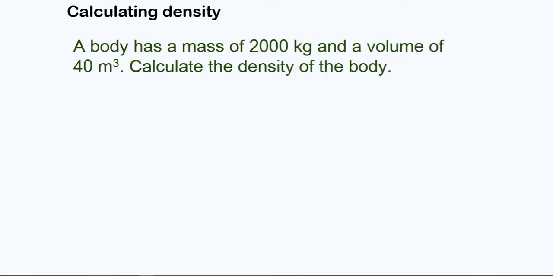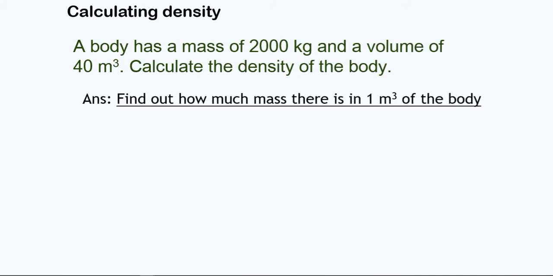Let us look at an example on how to calculate density. A body has a mass of 2000 kilograms and a volume of 40 meter cube. Calculate the density of the body. Now recall that the density of a body refers to how many kilograms of matter there is in 1 meter cube of the body.